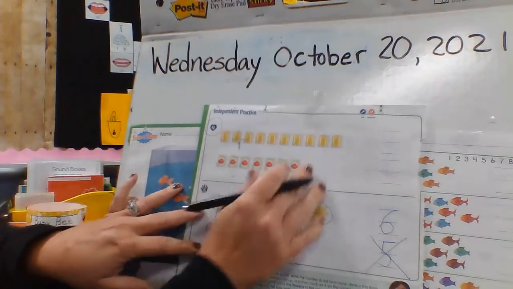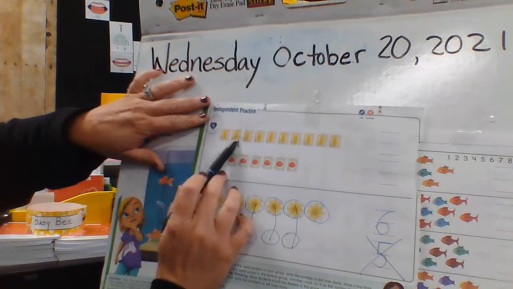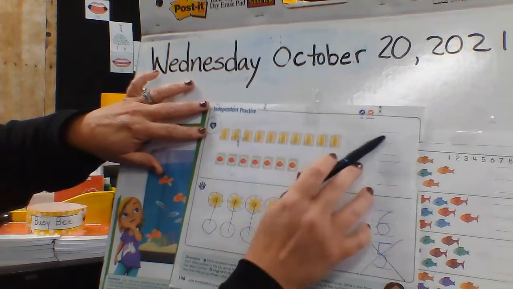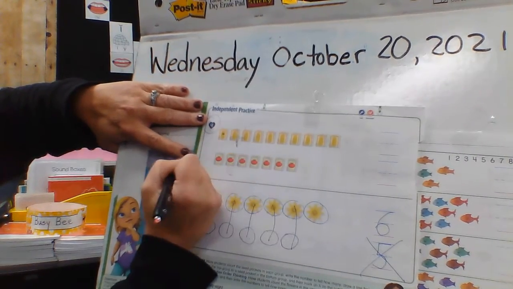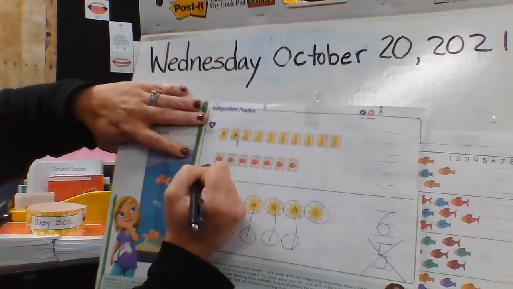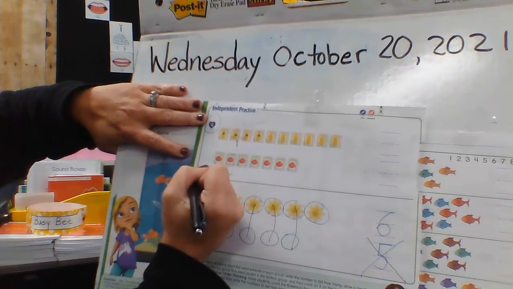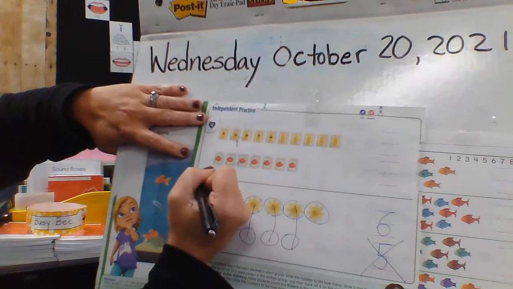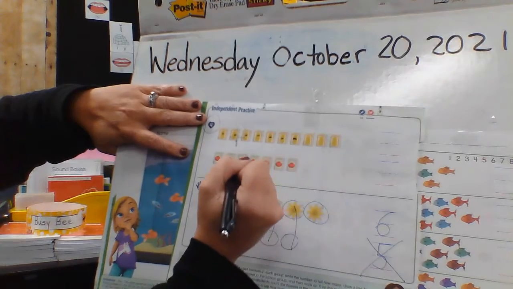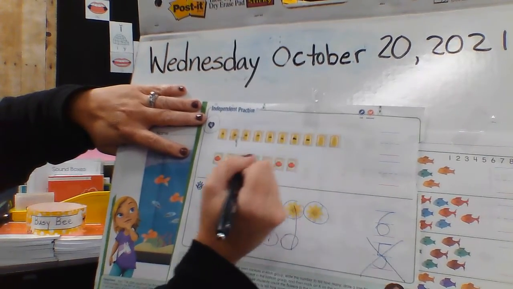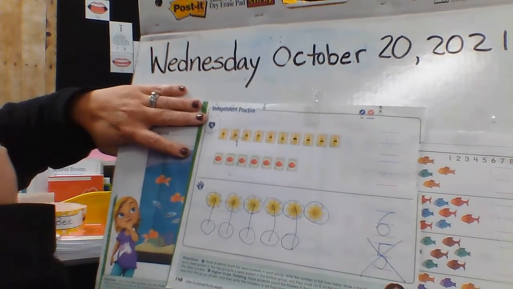Okay? Now, turn the page. On the back, number 4. I asked you to count the corn seeds and count the tomato seeds and then write the numbers. Let's count the corn seeds. 1, 2, 3, 4, 5, 6, 7, 8, 9, 10. 10 corn seeds.